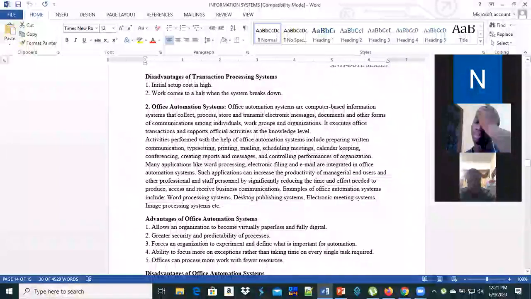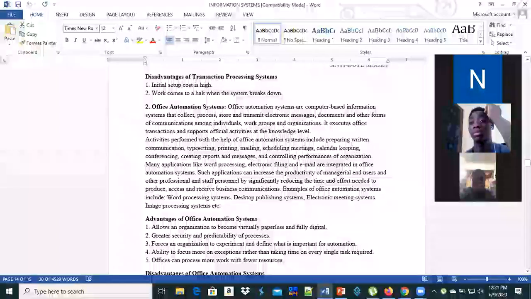But you see, in a very good structured organization, you have all these processes divided, having staff working on all of these divided systems.